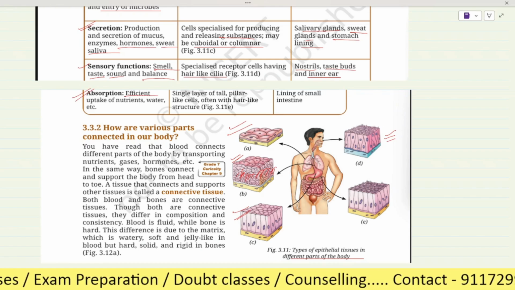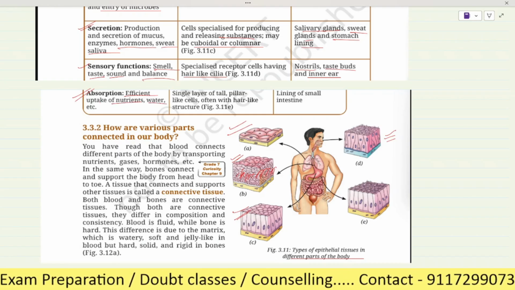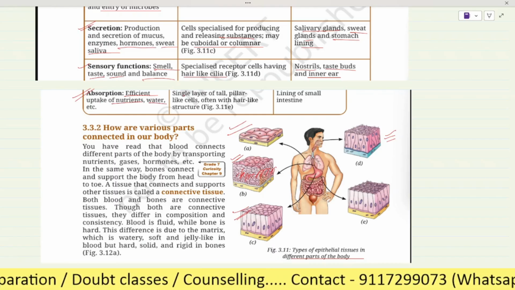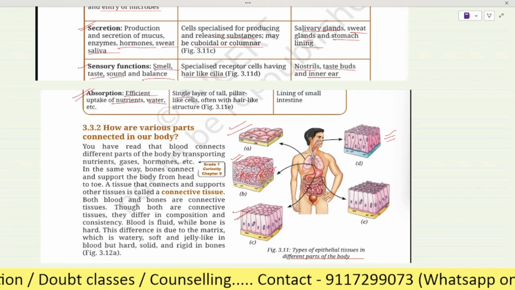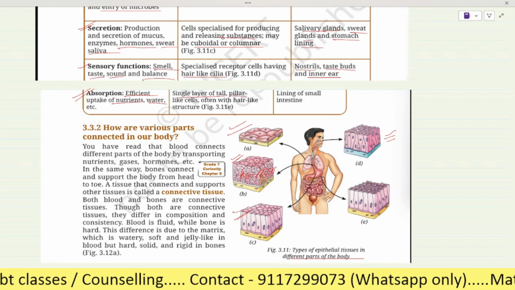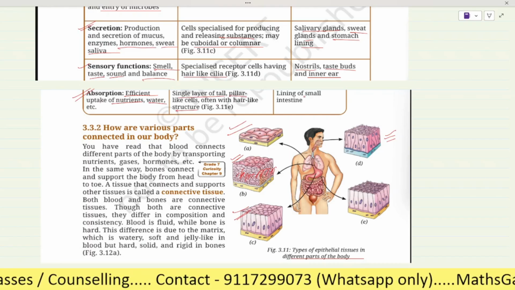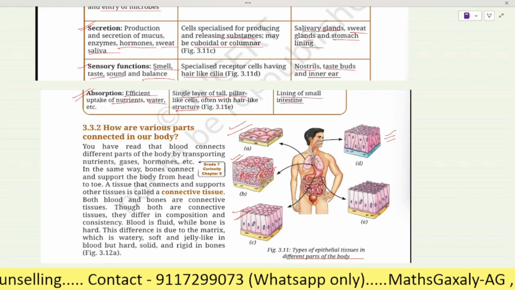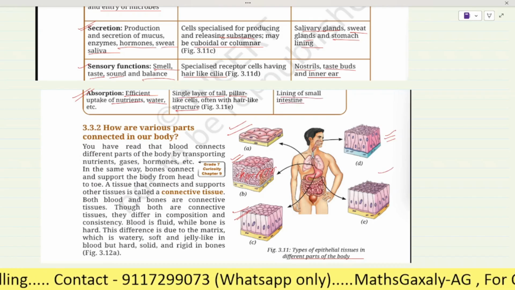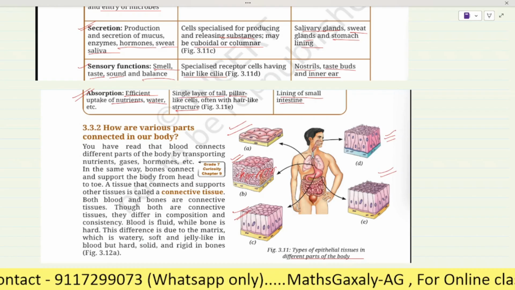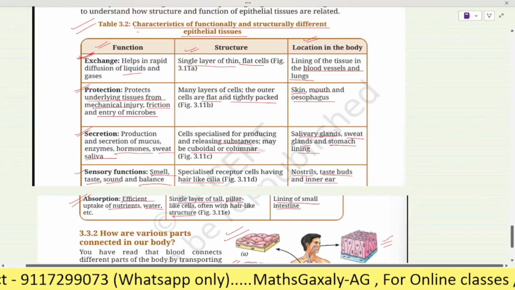And the last one is absorption. As you can see, efficient uptake of nutrients, water, etc. Its structure will be a single layer of tall, pillar-like cells, often with hair-like structures. It will be present in the lining of the small intestine. See figure number E. So this table is a very important table.